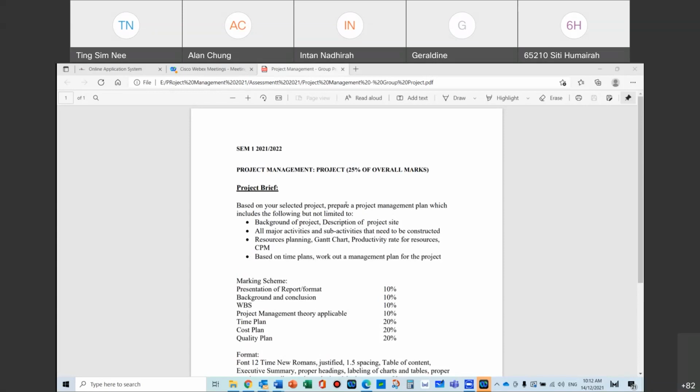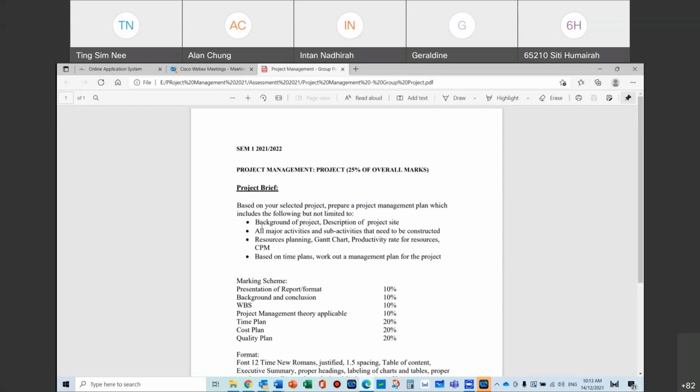you could actually build it up from your old project that you have done, or you can use IDP if you want to. I give you a free hand. It doesn't have to be a huge project. So based on the project selected, your own project selected, prepare a project management plan that comprises time, cost, and quality plan.